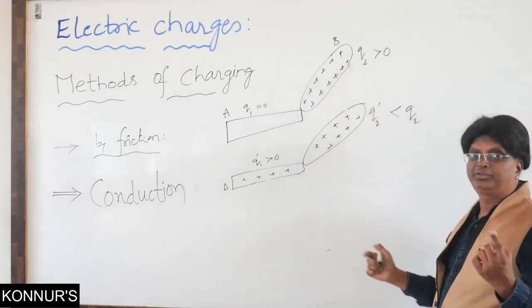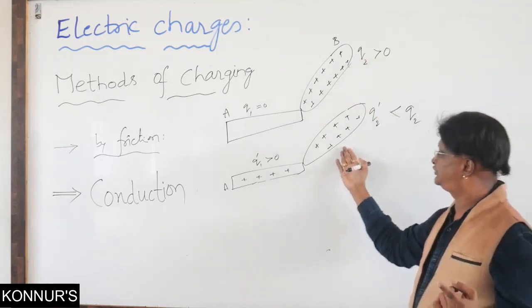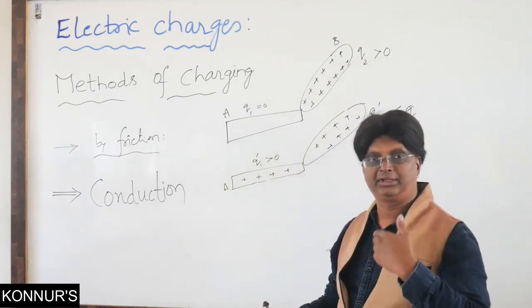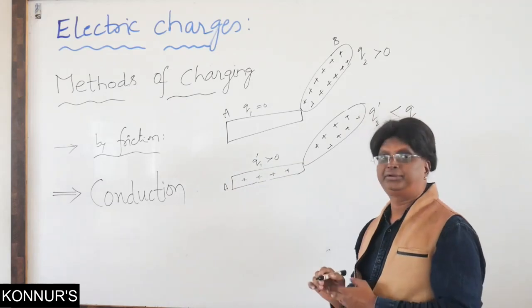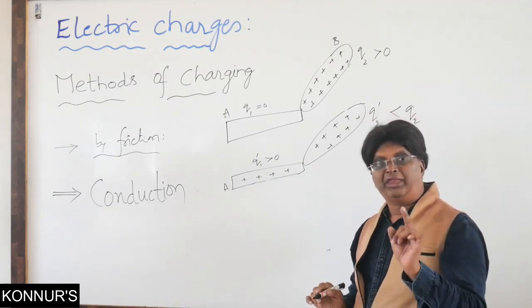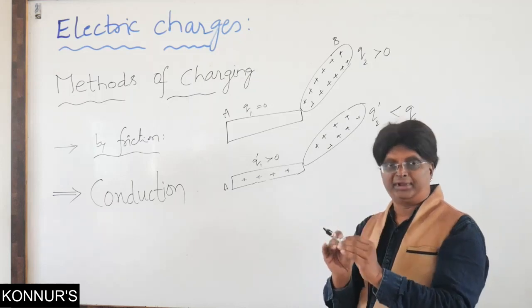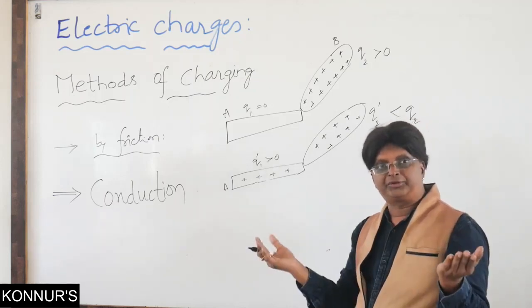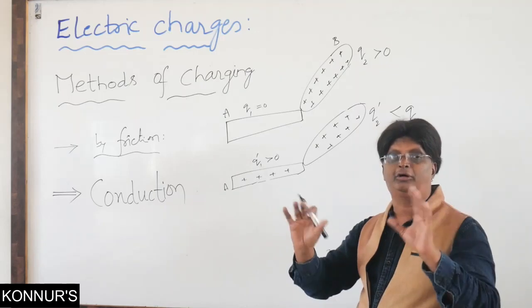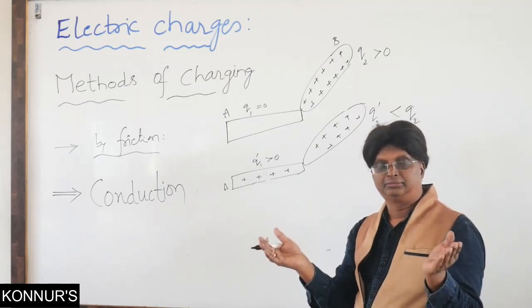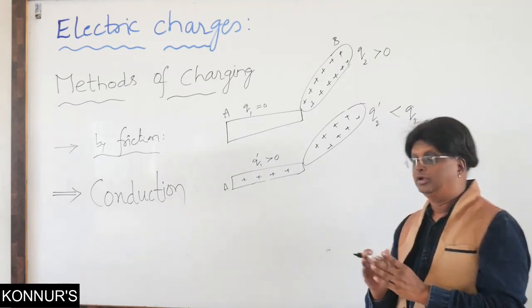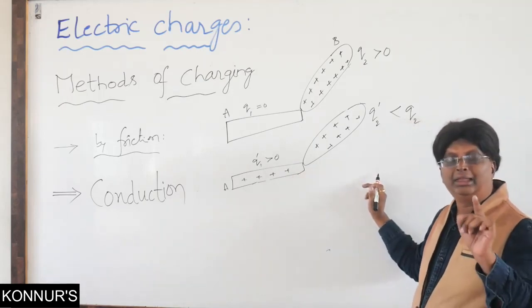This charge magnitude will decrease because some of the charge has now been conducted, given to conductor A. Therefore, whenever we see such a case of two conductors coming into contact, whatever may be the charges on those surfaces before contact, after touching both will acquire like charge.